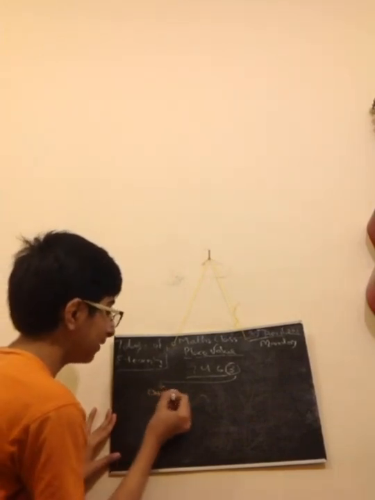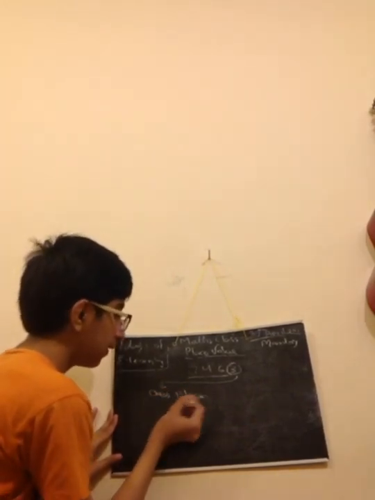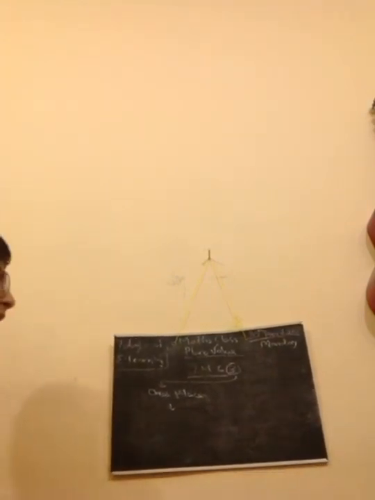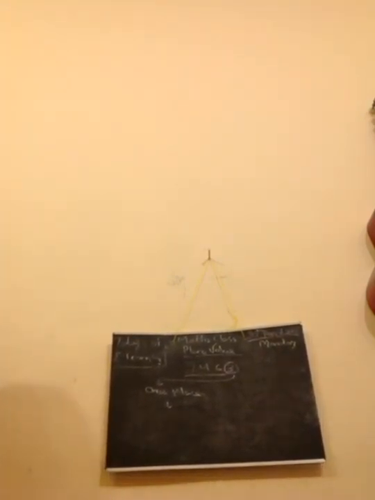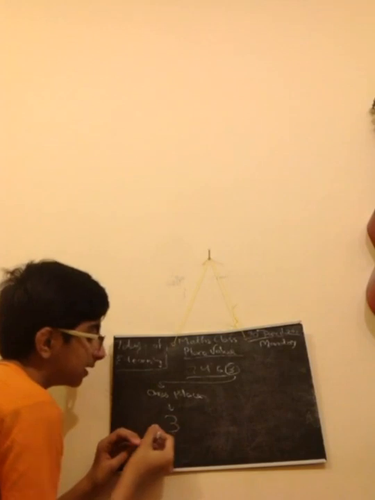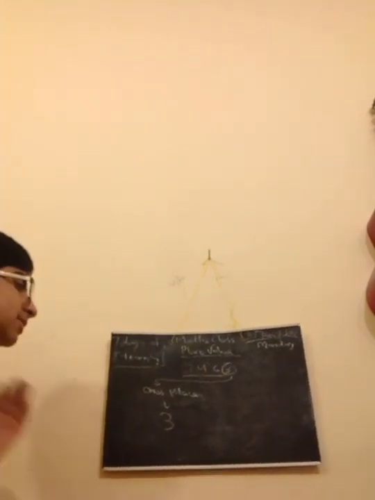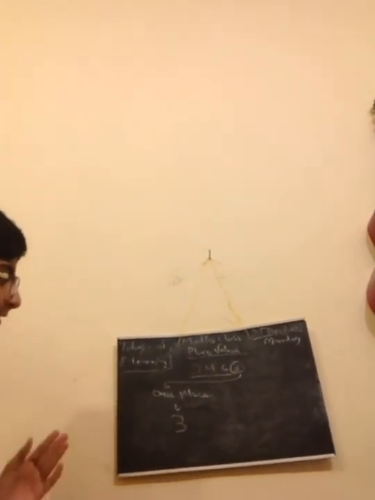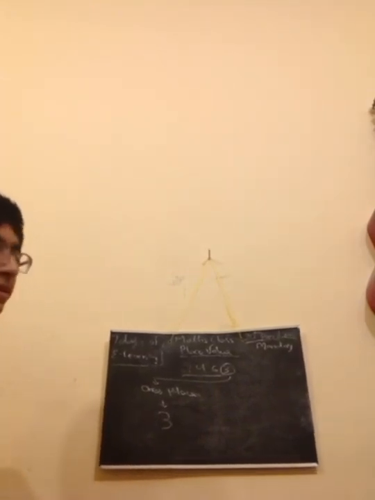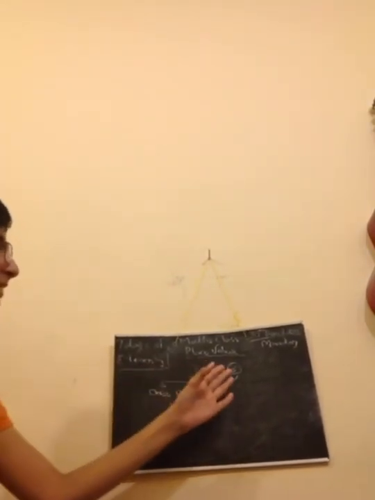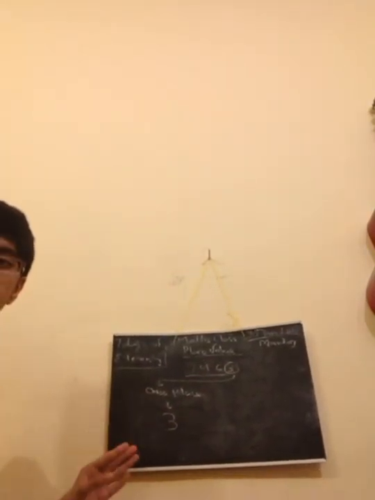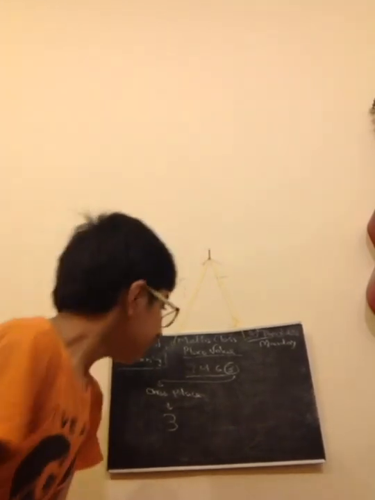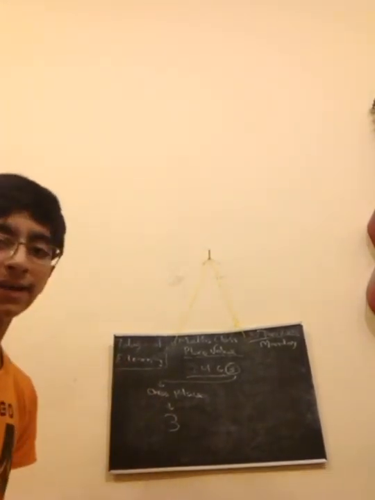For finding the value of the ones place, you just have to write the digit itself which holds the ones place. In this case it will be 3, because 3 is at the ones place, and it will still be 3 when we find the value.